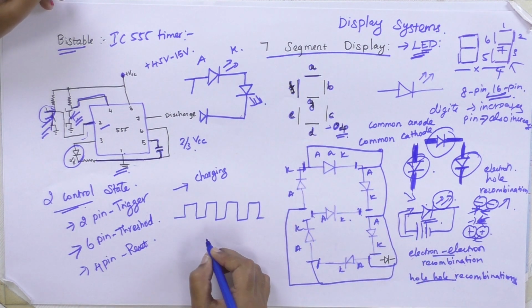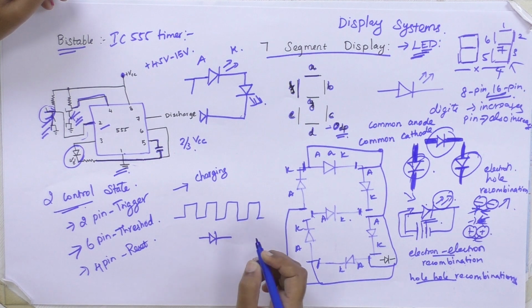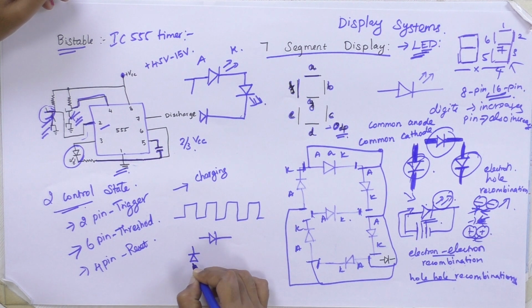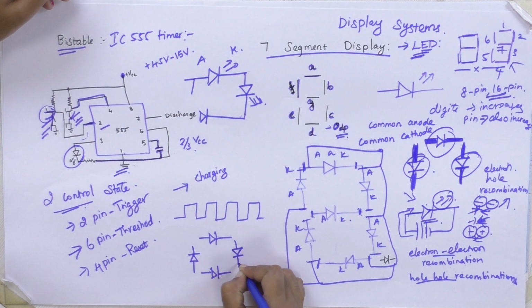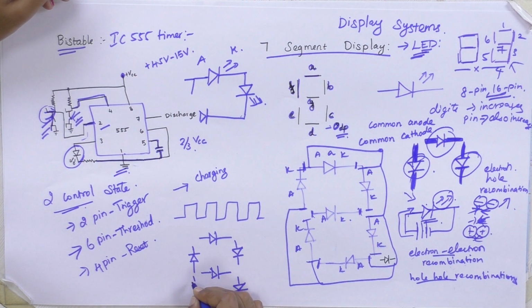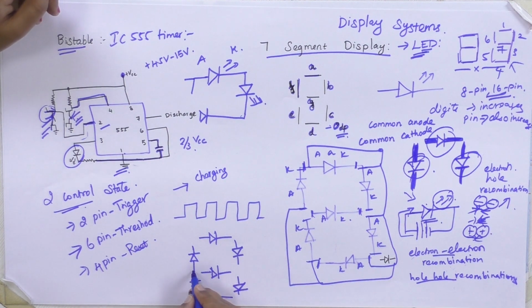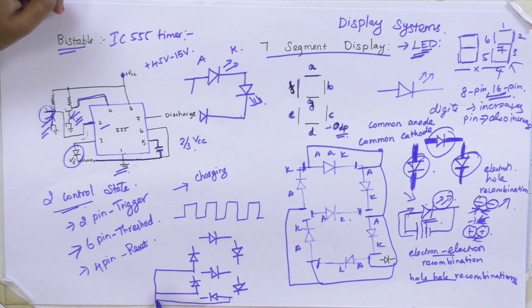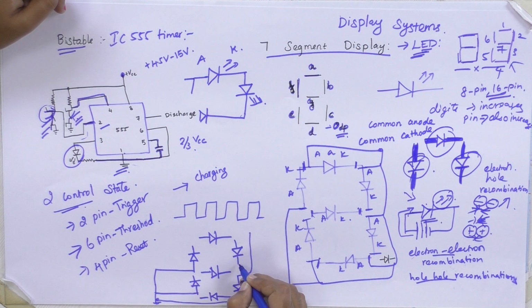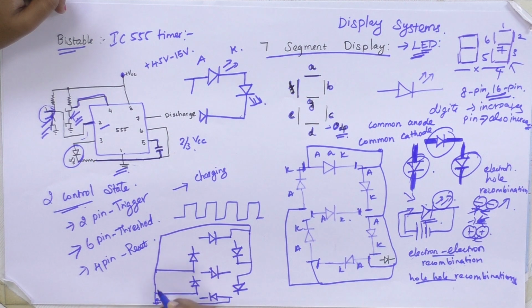If it is of common cathode configuration, all your cathodes will be connected to a common point, to ground.